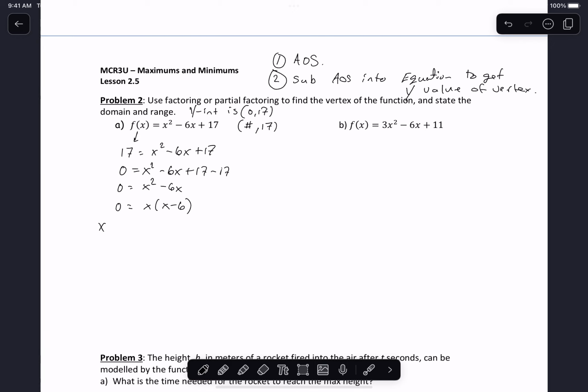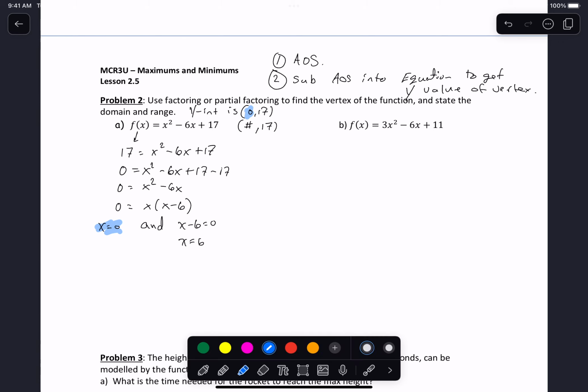Okay, so x can equal 0 and x minus 6 can equal 0, or x is equal to 6. We already knew that x equals 0 checked out. x equals 6 is that second number I'm looking for.